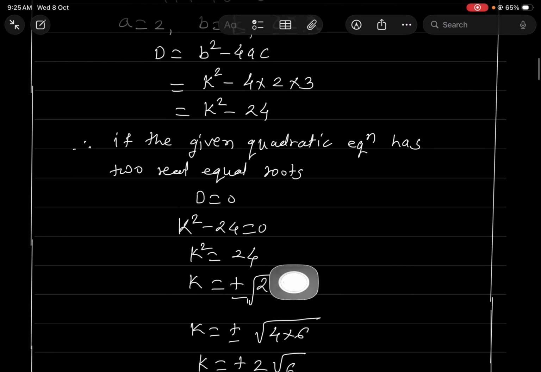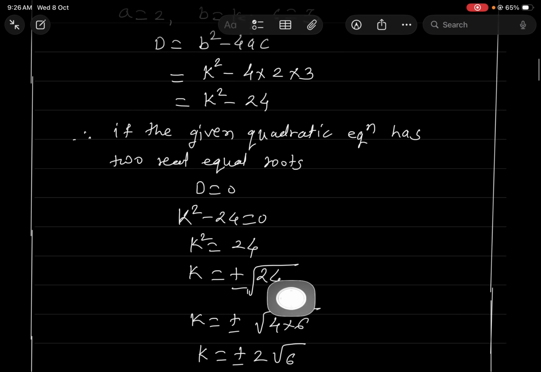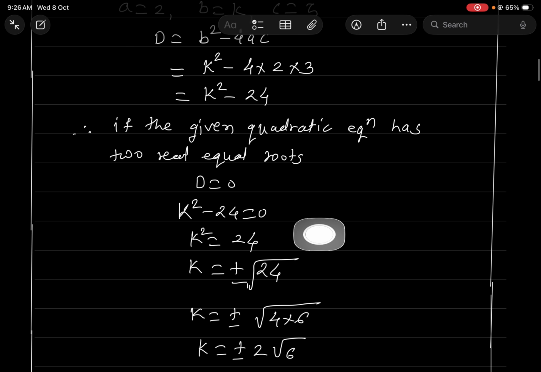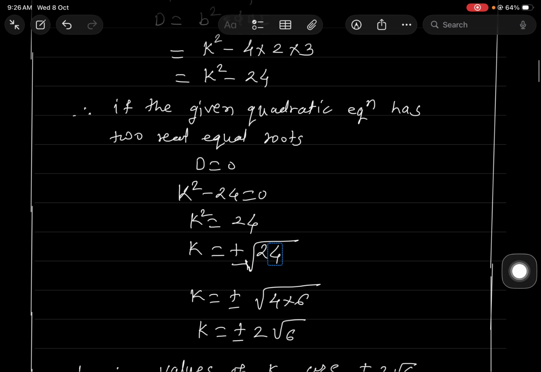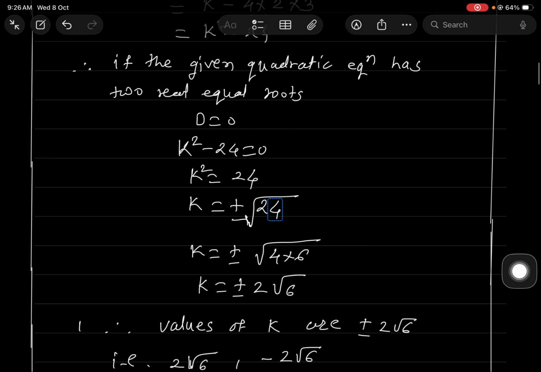So k square equal to 24, k equal to plus or minus square root of 24.